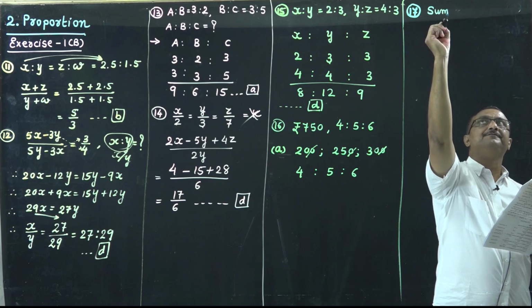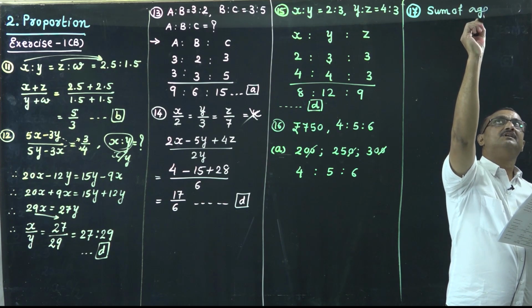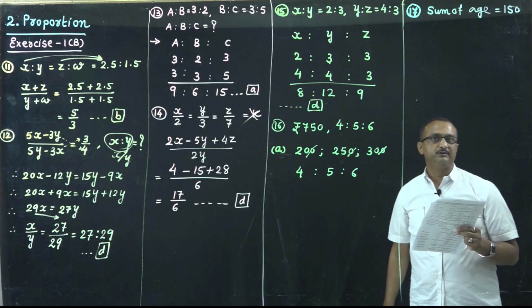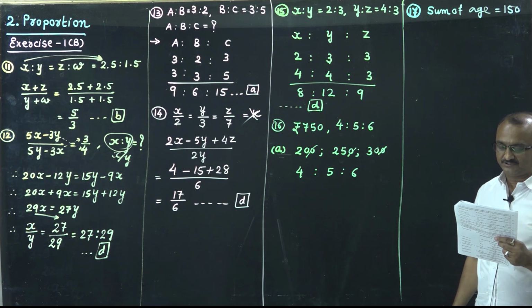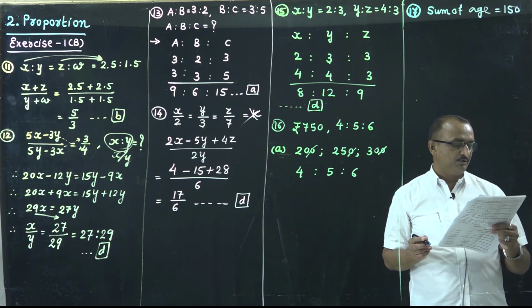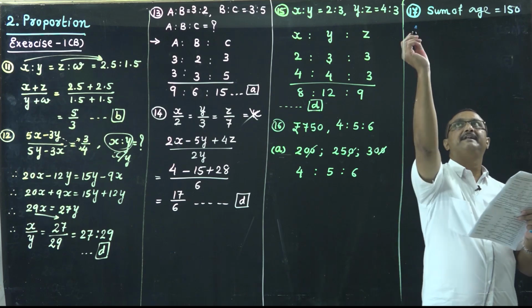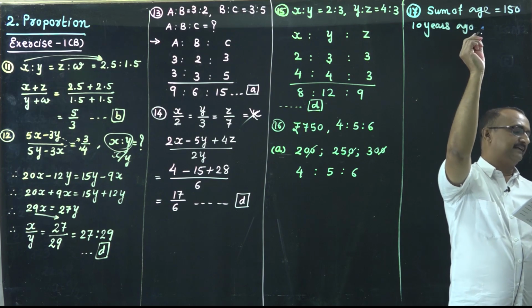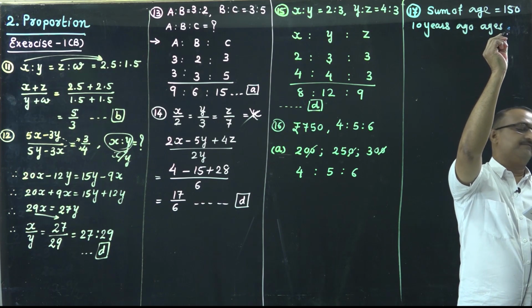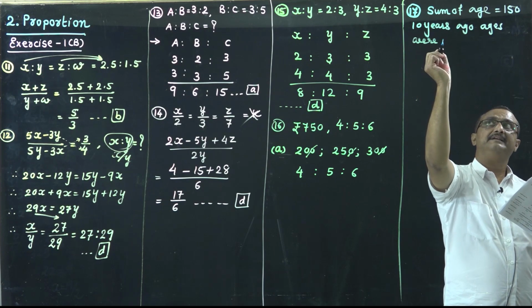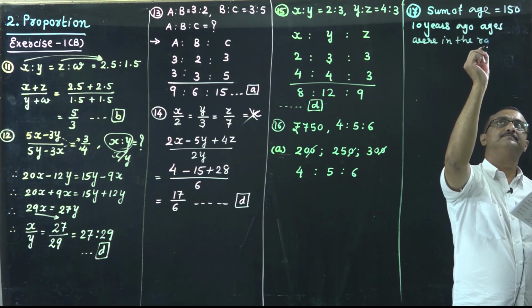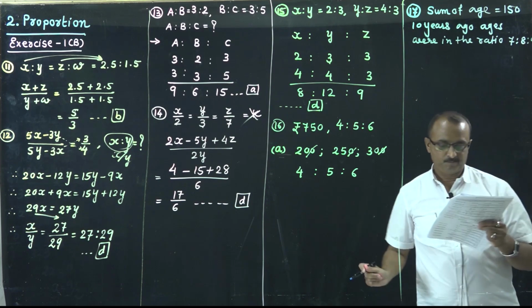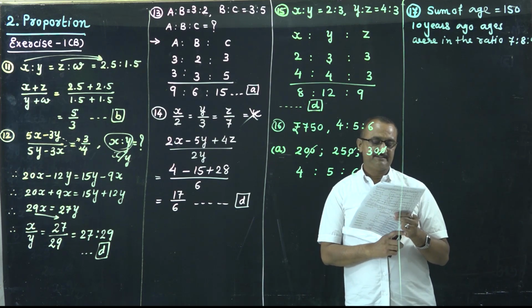What is the sum of the ages of the 3 persons? 150 years. 10 years ago their ages were in the ratio 7:8:9. The present ages are.